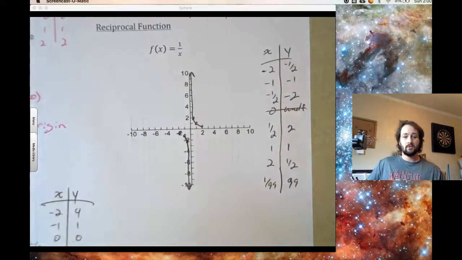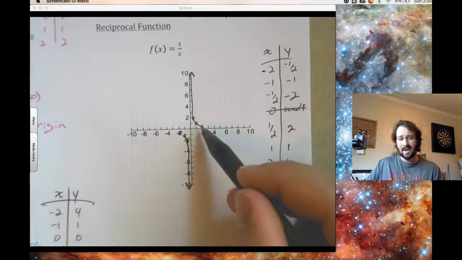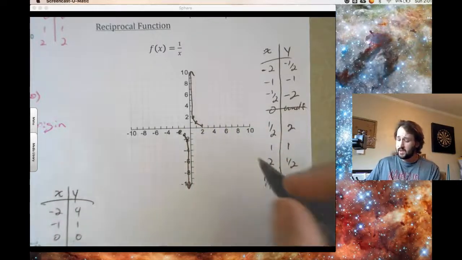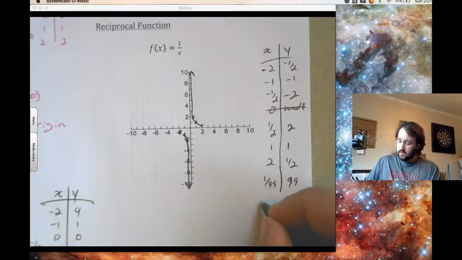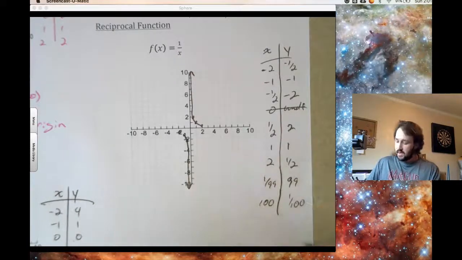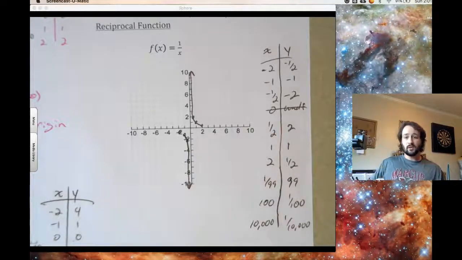Now as it goes out forever, as my x values get increasingly large, so if I have 100, that would just be 1 over 100. If I have 10,000, that would be 1 over 10,000. So there's no number that I could get such that my y value would actually ever be 0.